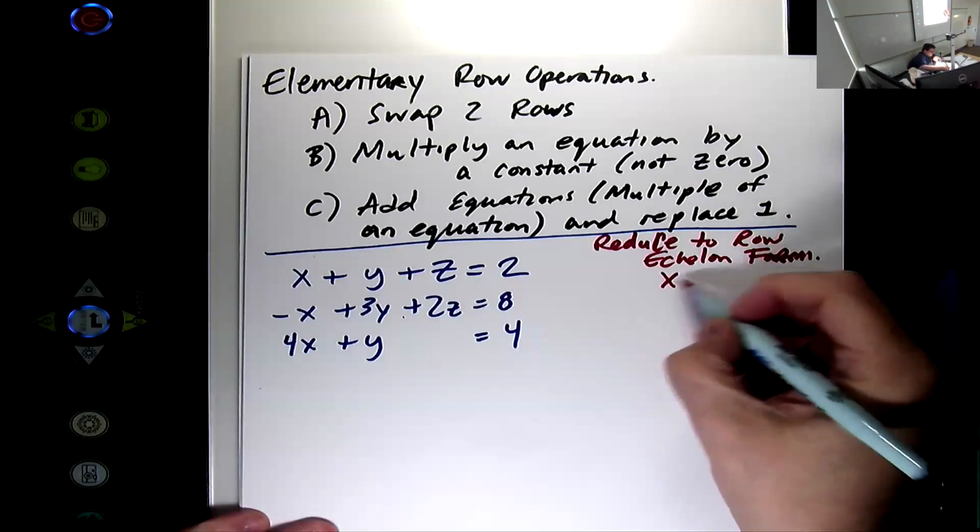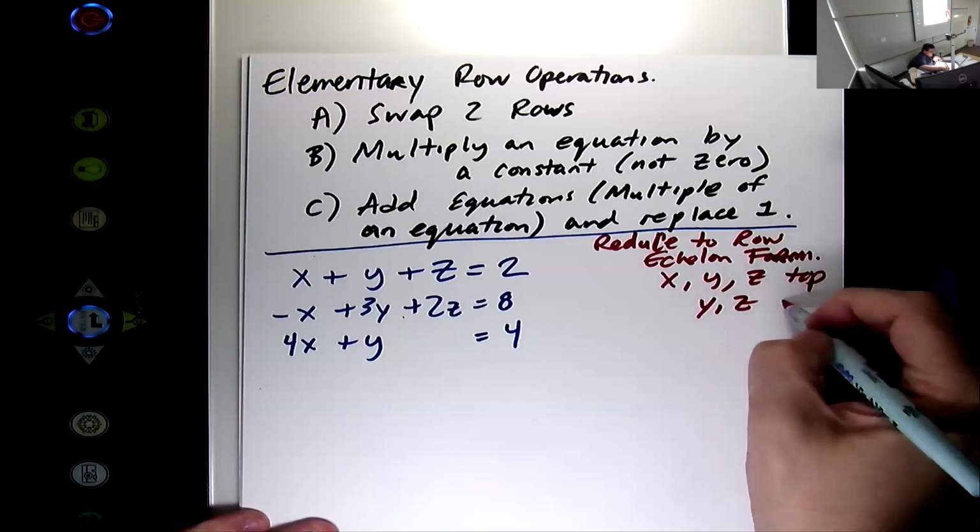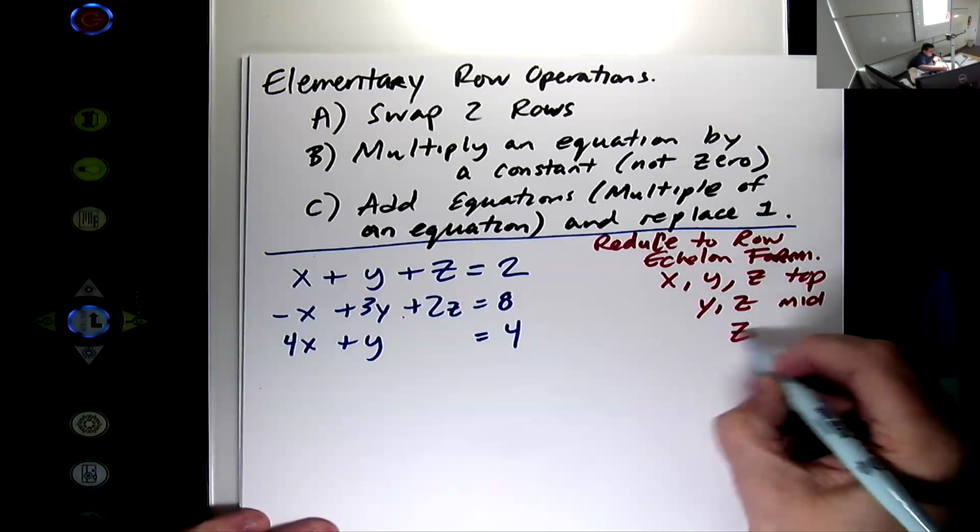So we have X, Y, Z on top, just Y, Z in the middle, and Z on bottom.